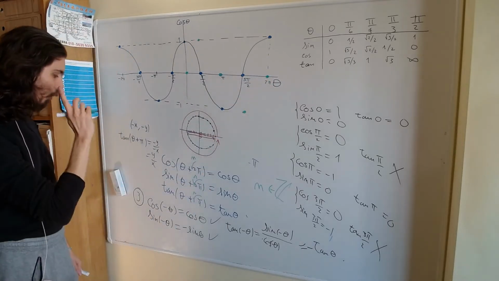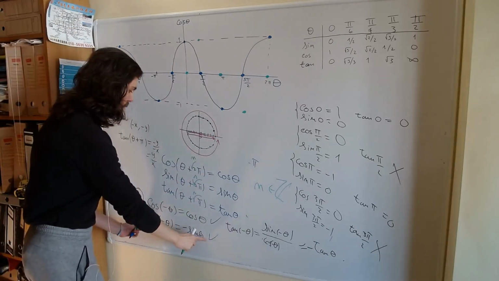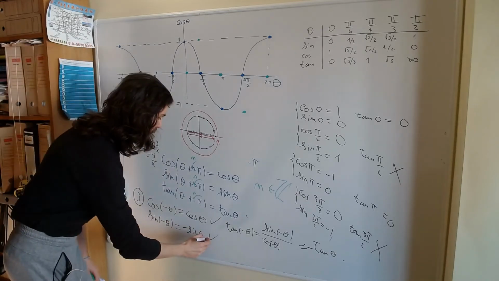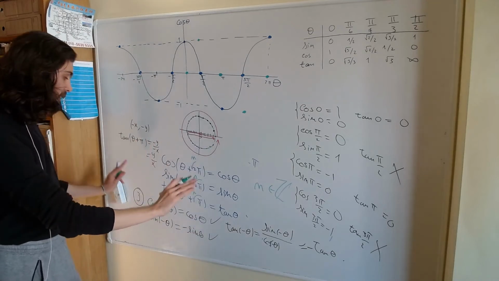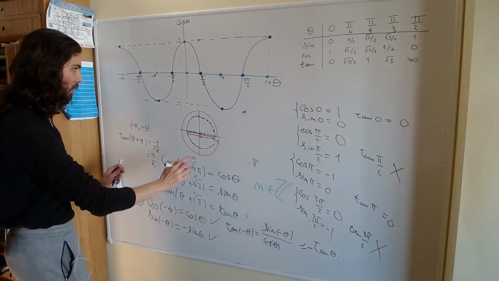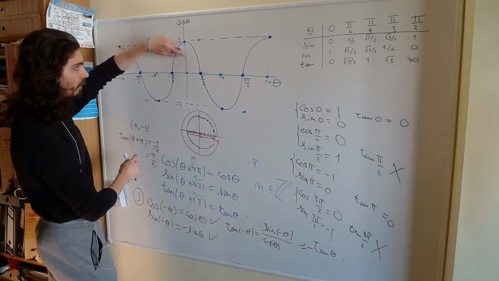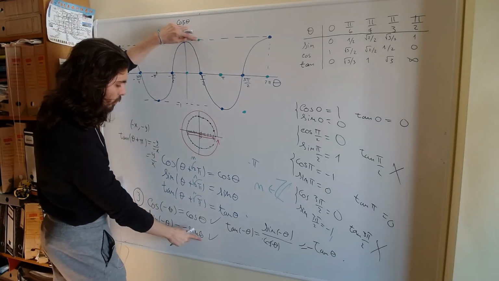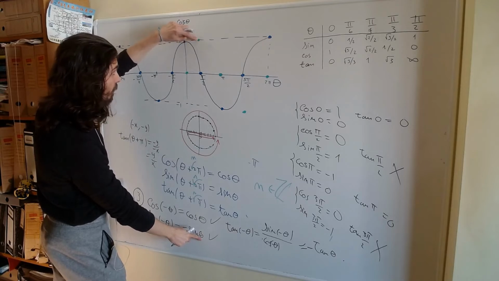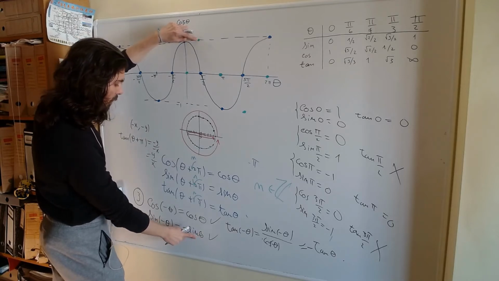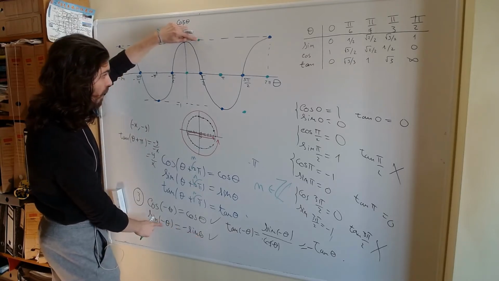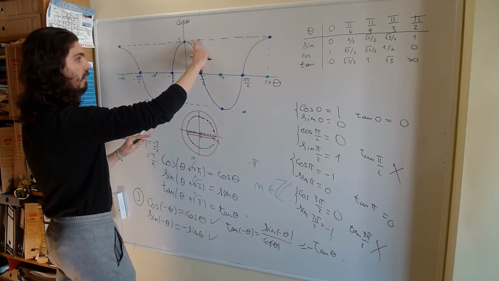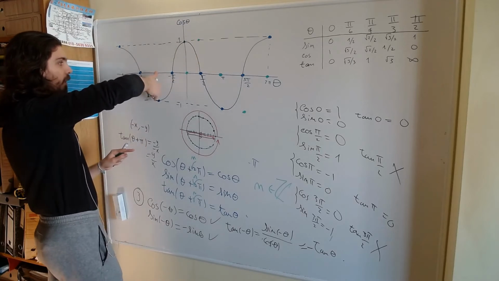Okay, now let's copy. Use this property, which says that it's antisymmetric, right? It's antisymmetric. What does it mean? For example, sine of pi over 2 is 1. Sine of minus pi over 2 is -1. So if it is 1 here, now here you just flip it and you put it here.